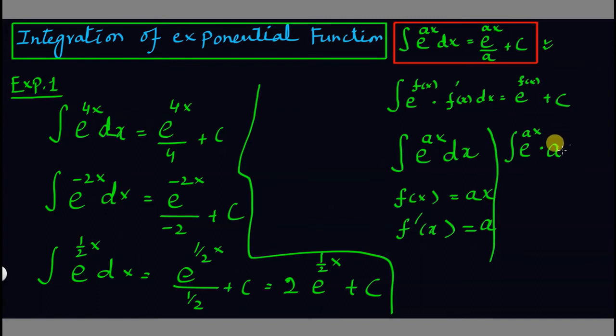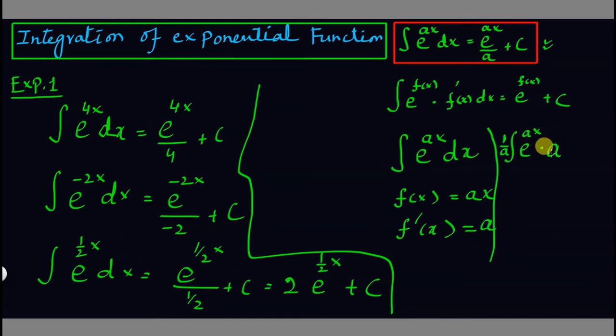So the derivative is not present here, because you are differentiating this function and the derivative of that function is not present here, so that's why you will multiply and divide it by a. And now you can see the derivative of the upper function e raised to power ax, the derivative of ax is a.